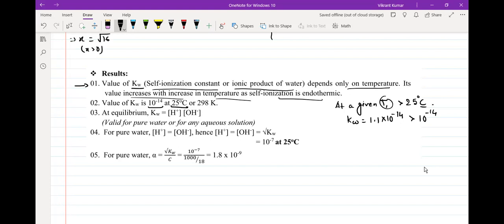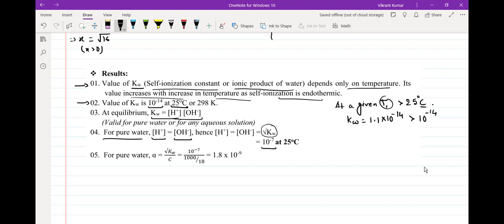That's one part. In water, this is valid for pure water as well as in any aqueous solution. But जैसे ही मैंने this one equal to this one कर लिया, we are talking about only pure water, है ना? Because if some other source of H plus or OH minus is coming, then these two things will not be equal. But for pure water, definitely these two things are going to be equal, and that's why their value will be root Kw, which is having a value of 10 raised to minus 7, because Kw at 25 degrees C was 10 raised to minus 14.